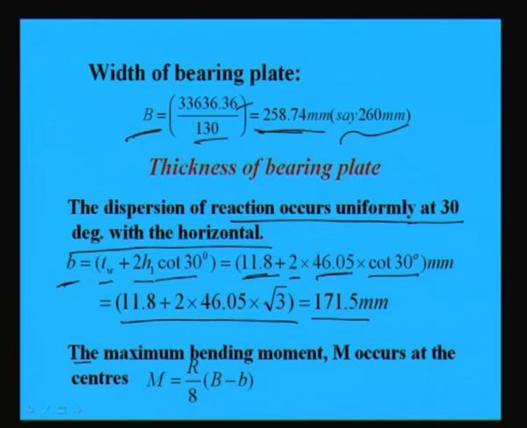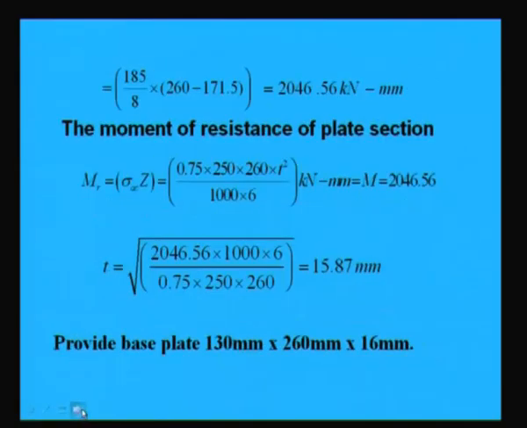The maximum bending moment occurs at the center, which will be M equal to R by 8 into B minus b. If we put R as 185 and B as 260, which has been calculated, we get 2046.56 kilonewton millimeter.